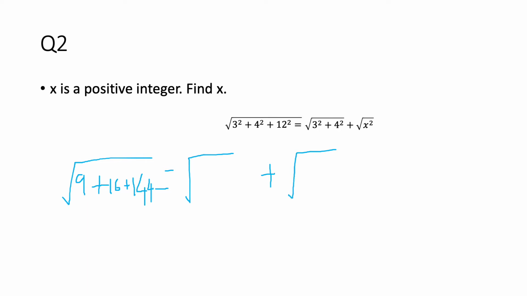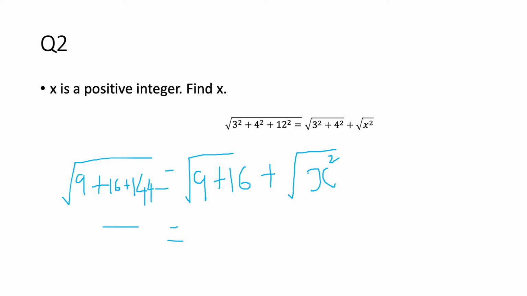Now 3 squared plus 4 squared is going to be 9 plus 16. The square root of x squared is just going to become x, because the square and the square root cancel each other out.